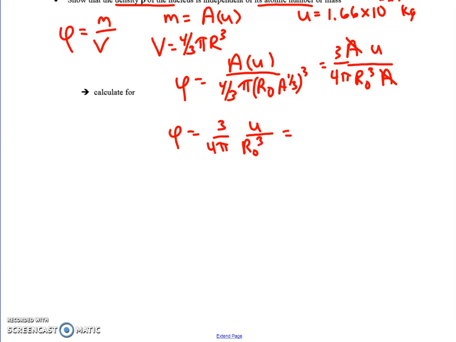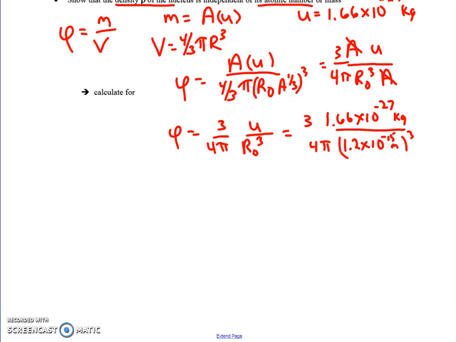Okay, so we can plug in the numbers. 1.66 times 10 to the negative 27 kilograms divided by 4 pi, and our r naught before was 1.2 times 10 to the negative 15th meters, quantity cubed.